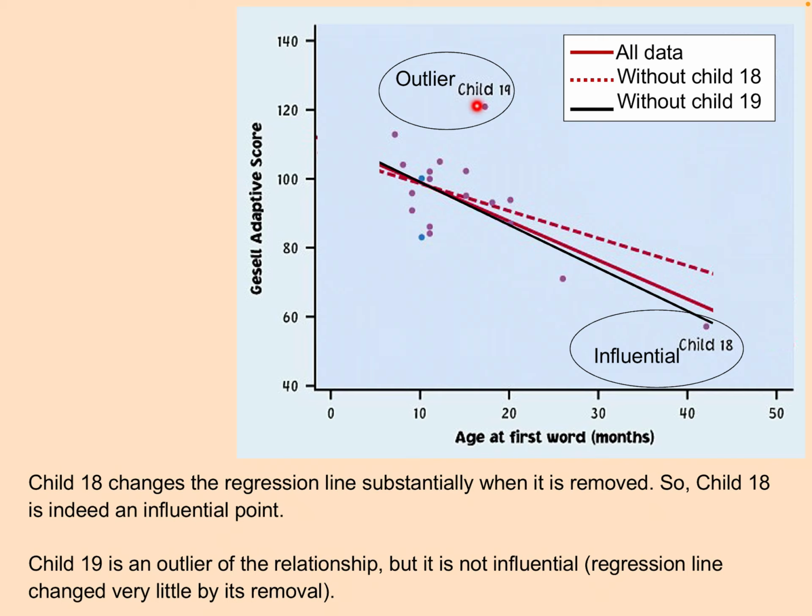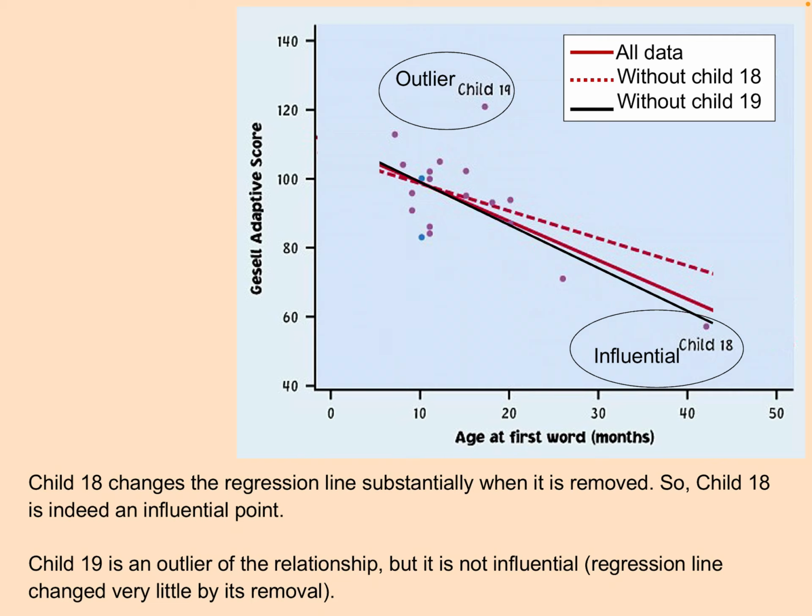But put that child 19 back in, and then take the influential data point, child 18, out. Now you see what has happened to our regression line. It changed it dramatically. So that's changing the equation of the line. And if you try to predict the Giselle adaptive score here with and without child 18, you might get drastically different results because it changed the slope.